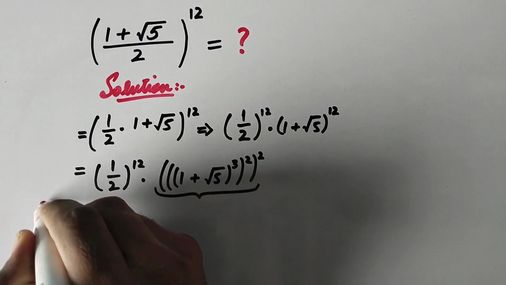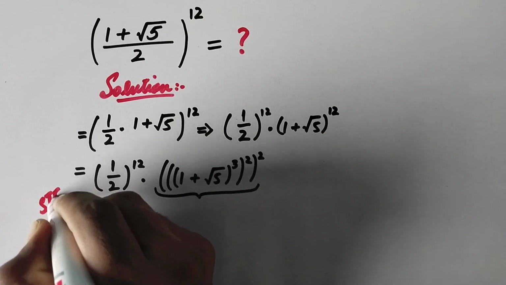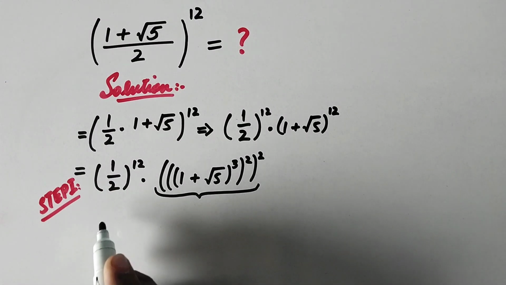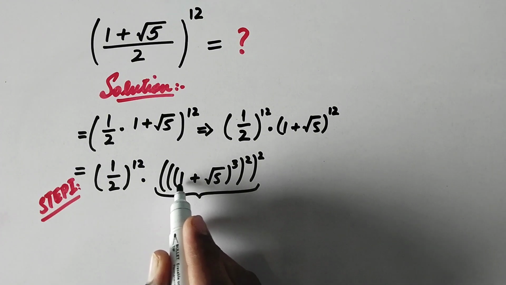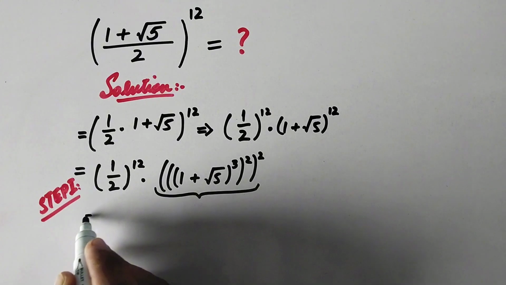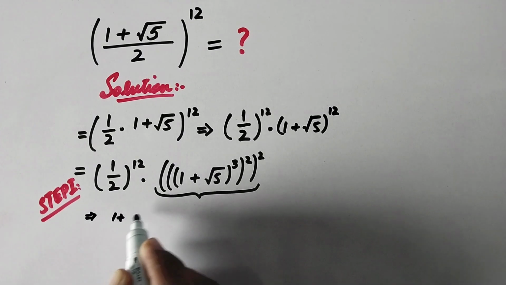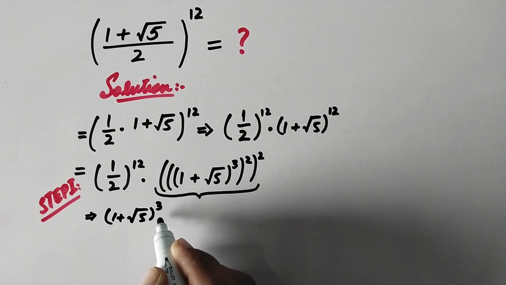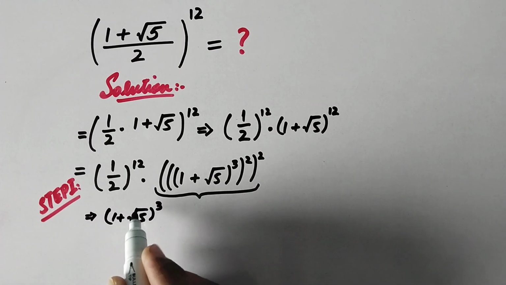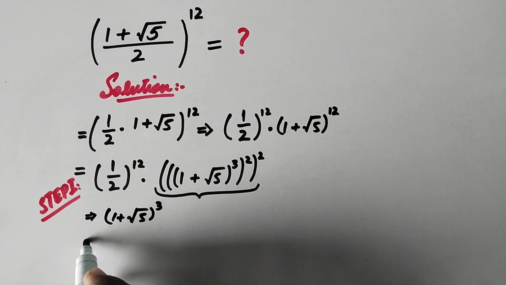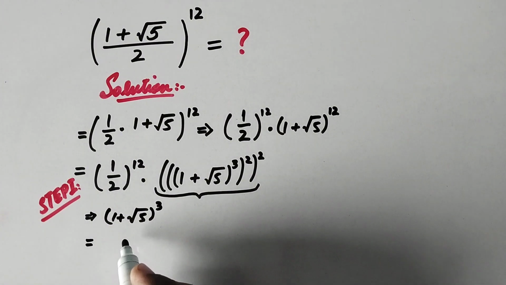So here in step 1 we will solve only this part of this term: (1 plus square root of 5) to power cube. Here we can see that this is a complete cube, so we can apply an algebraic formula.